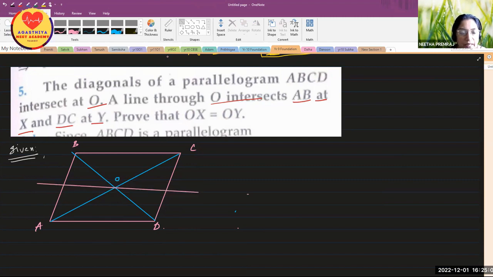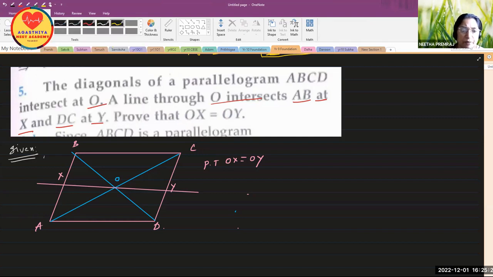That line cuts AB at X and DC at Y. You have to prove that OX is equal to OY. Now have you got clear with the sum?